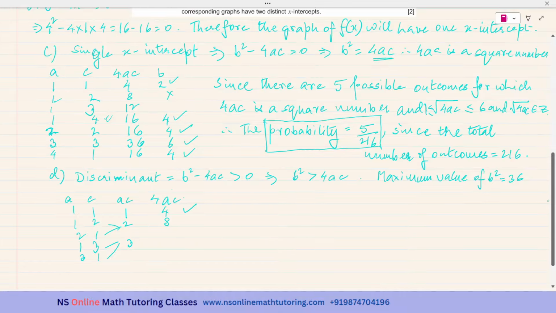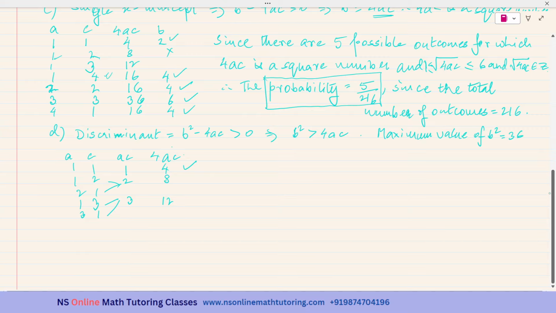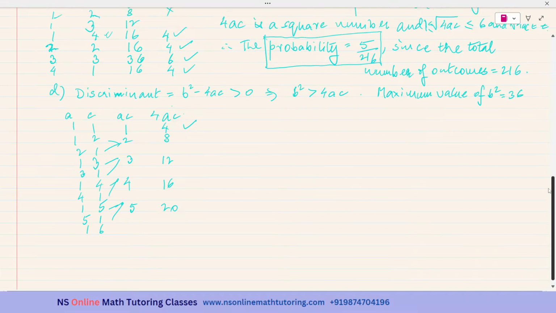And 4 times 3 is 12. 12 is less than 36, we can continue. 1 times 4, 4 times 1, and 4 times 4 is 16, can be taken. 1 times 5, 5 times 1 is 5. 5 times 4 is 20, can be taken. 1, 6, and 6, 1.